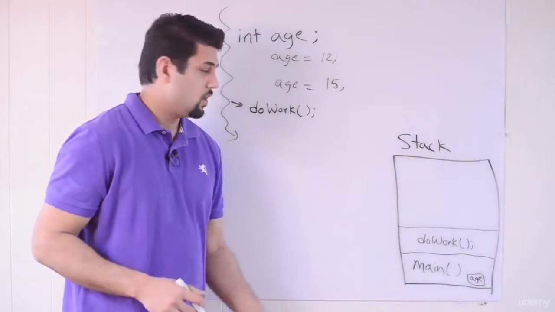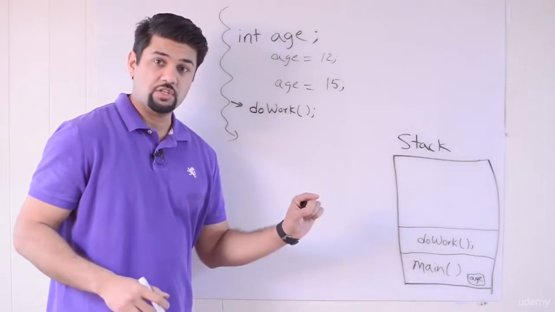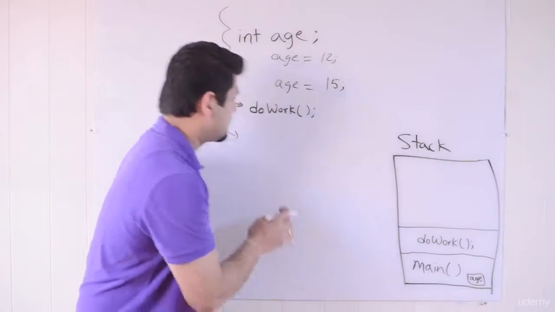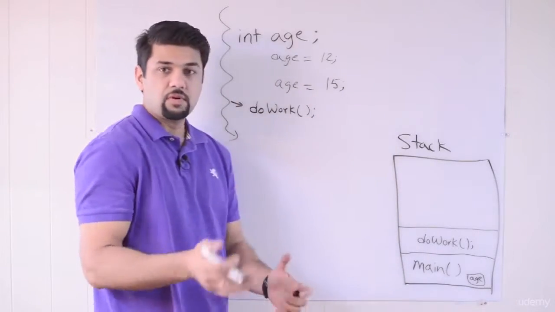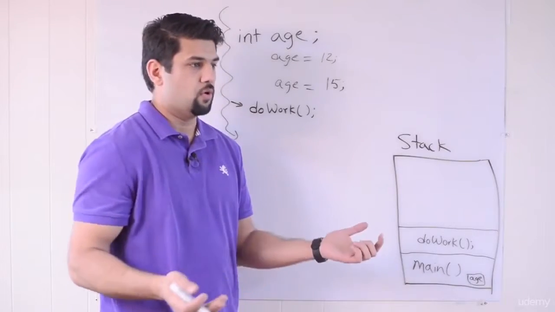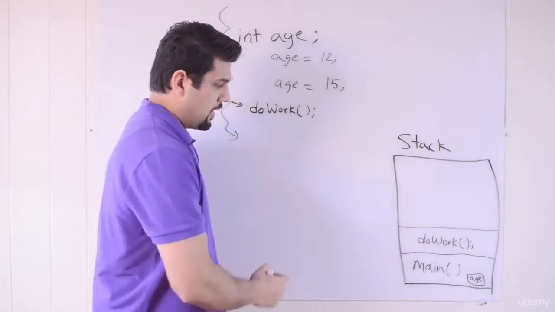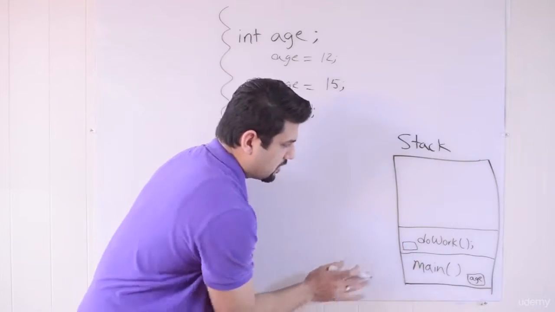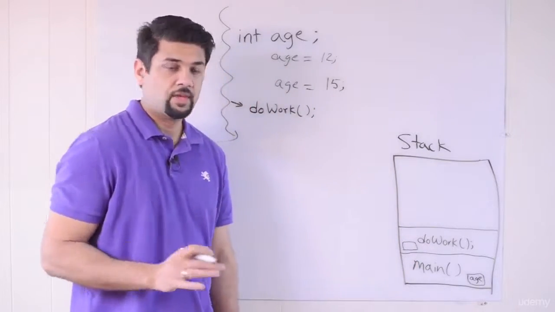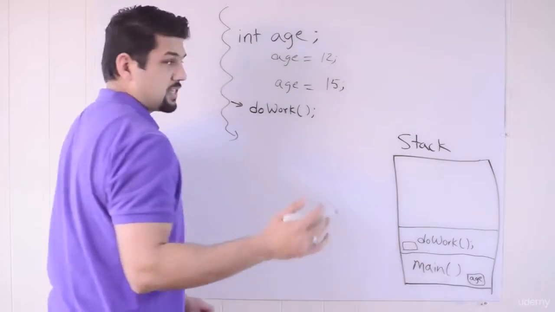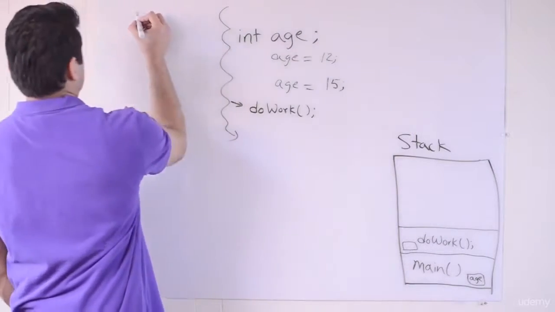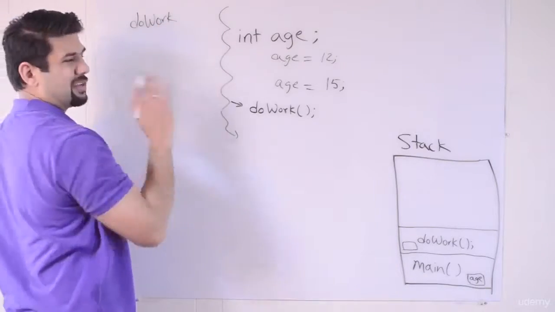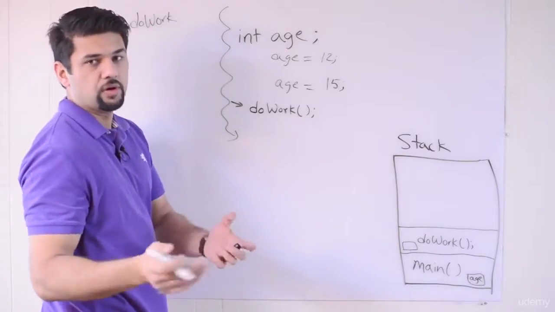But those variables are going to have reservations in this frame, in the do work frame, okay? So let's say in this do work method definition, there's some variable called wait, okay? And that variable is going to have a special reservation here inside of the do work frame, all right? And let's actually define do work. For brevity, I'm not going to enter all of the other keywords that are required, like public, void, and all of that.